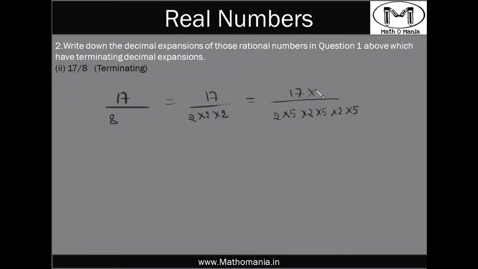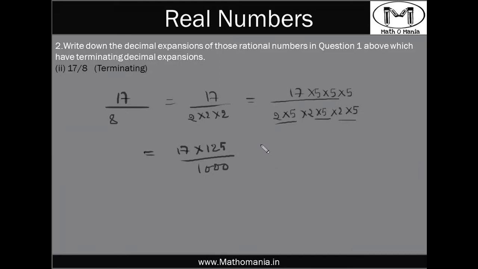Now, we need to do the same in numerator as well. So basically, we have divided this equation by 3 5s and we have multiplied the same equation by 3 5s, right? So, in numerator we have 17 into 125 and in denominator we have 10 into 10 into 10, that is 1000, right?